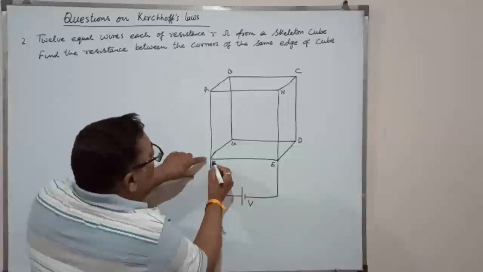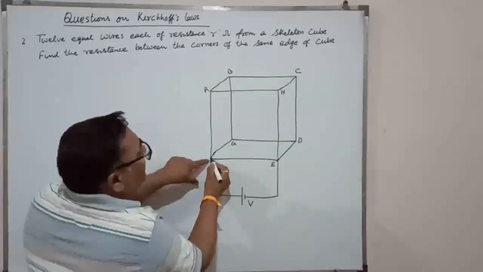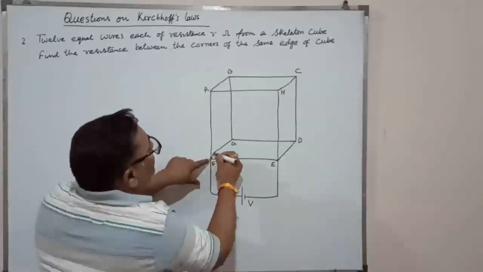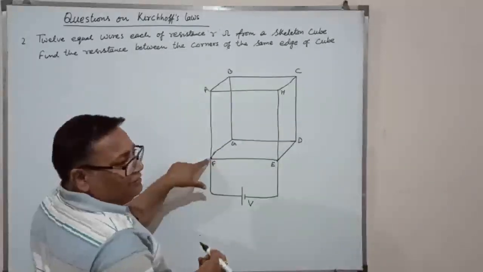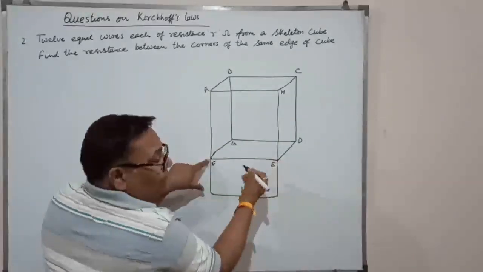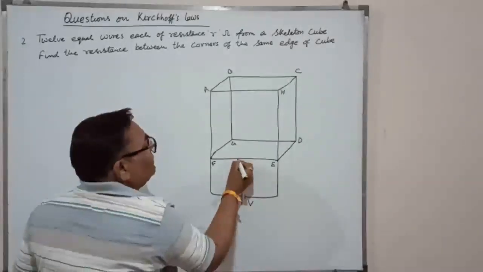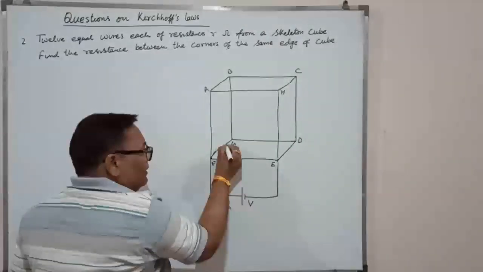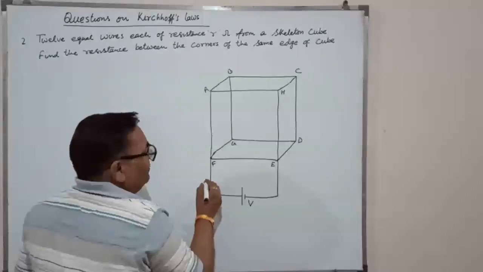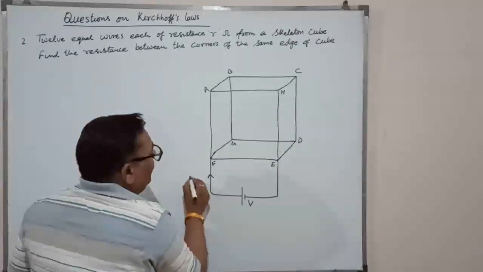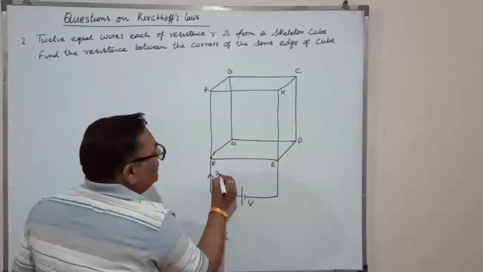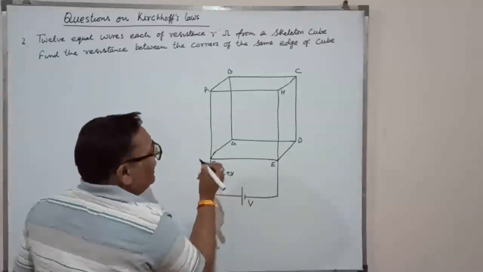At this junction point F, this side and this side current is the same, but this side is not the same current. Therefore, here is a different current. In both sides, current is the same. Then we have taken the total current 2x plus y.